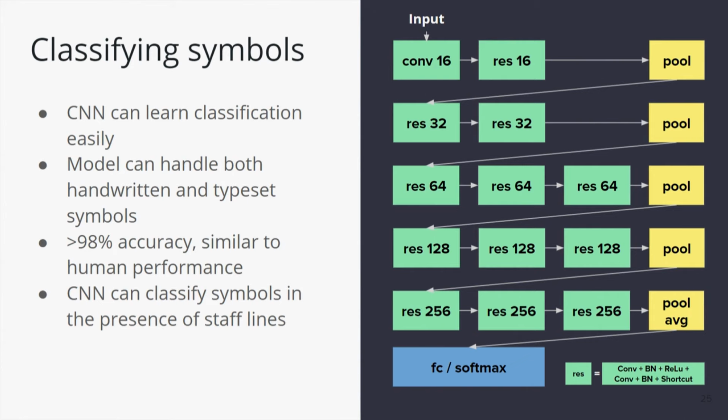But it turns out that a convolutional neural network can easily learn to classify isolated symbols. It was fairly simple to handle both handwritten and typeset symbols, and I got over 98% accuracy, which is interestingly similar to the human performance.